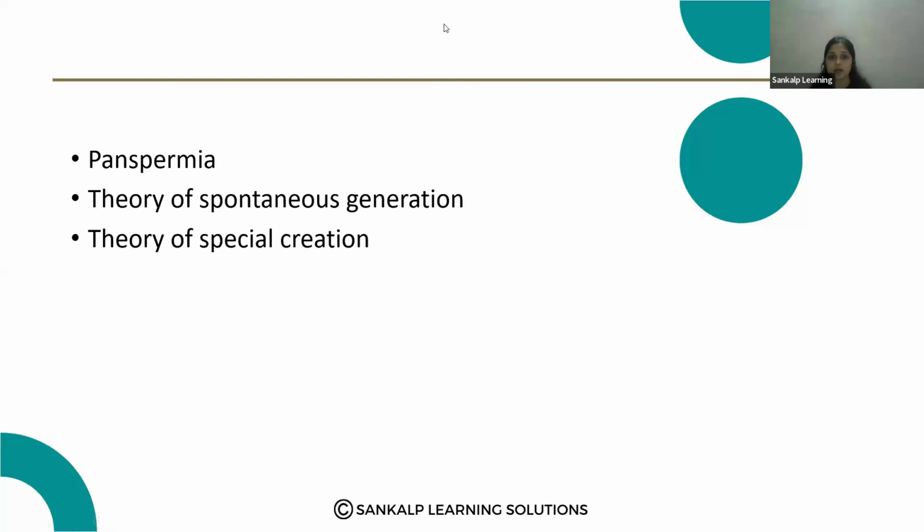That is the theory of spontaneous generation. Theory of special creation means there is a special power, which we call God. God creates all the organisms which are present on the earth. So these are the different theories which explain the origin of life.